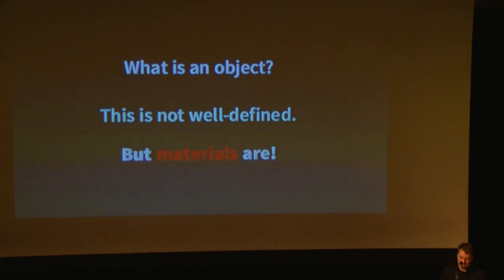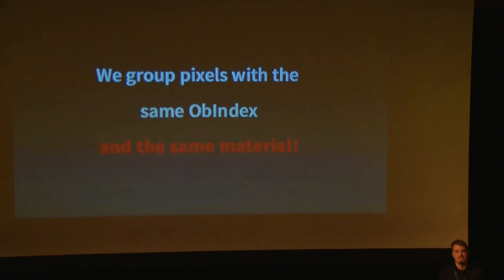However, inside Blender, materials are actually well defined. So every pixel has a given material. And so what we do is we create an over-segmentation where 2 pixels get grouped together if they share the same object ID and if they share the same material.